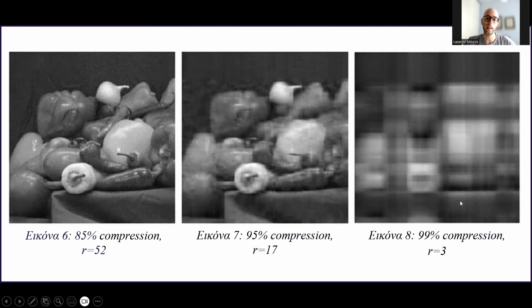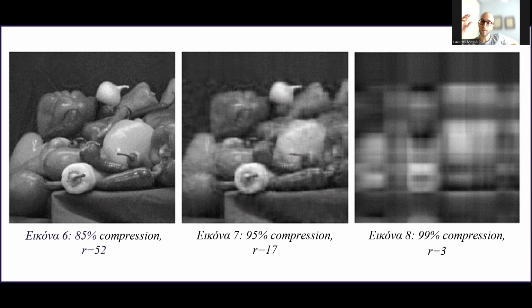So here we go to 85%, and now we see a little pixelization. And of course, with 95% and 99% compression, especially in the last case, we keep only 1% of the singular values, then you see a lot of pixelization, obviously. But up until 60, 70 or 80% of compression, you see that the results are relatively very good, right?